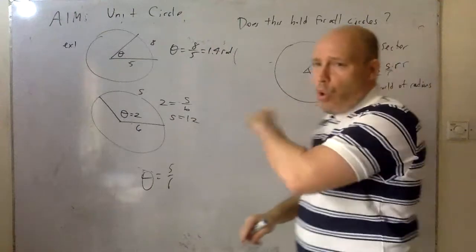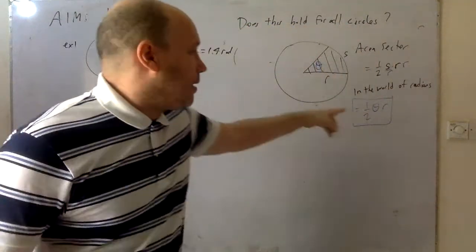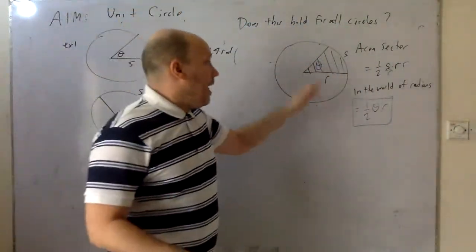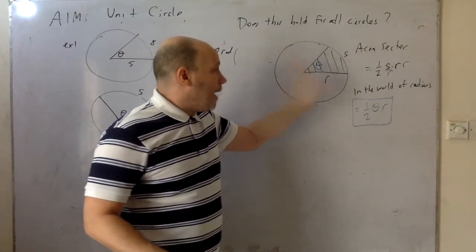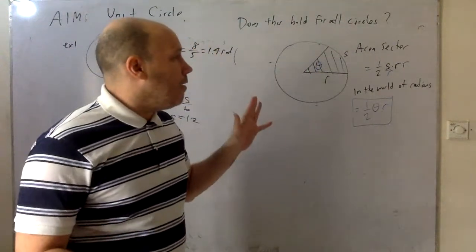But once again, you have to be in the world of radians. You can't put 60 degrees in there. It has to be in the form of a radian.